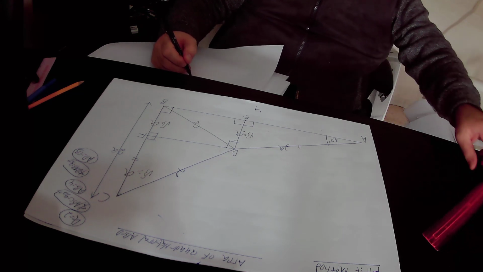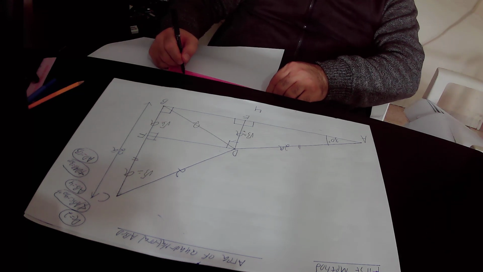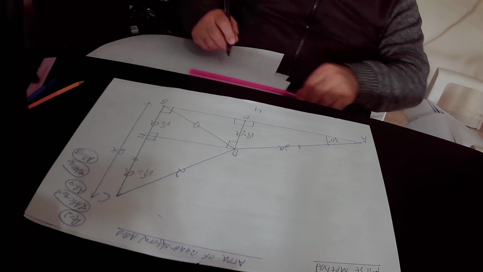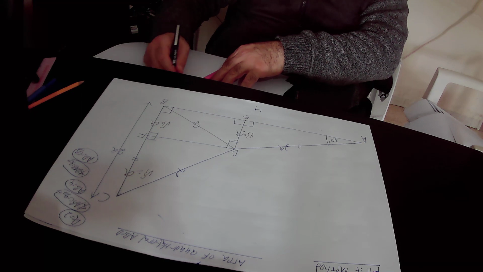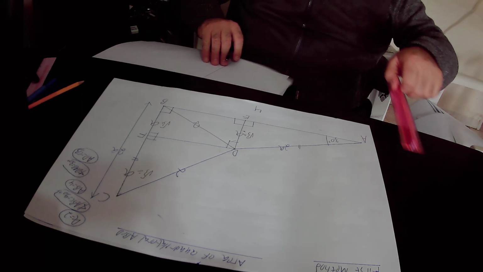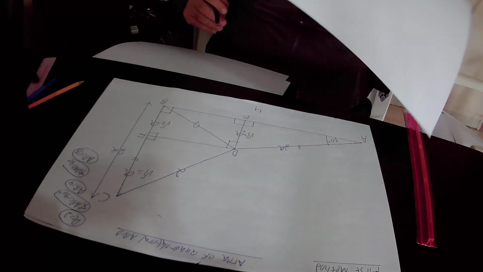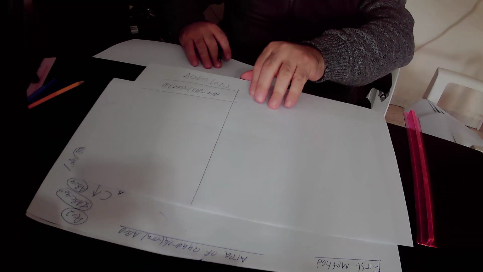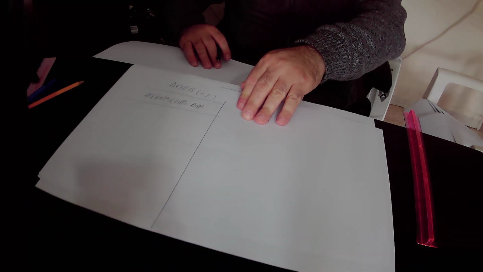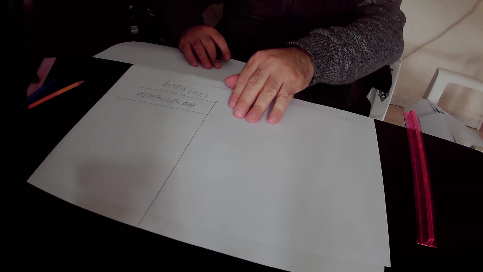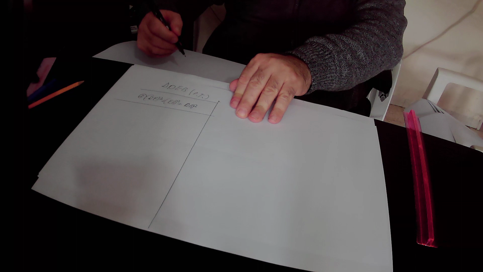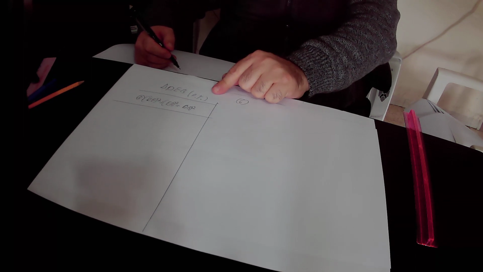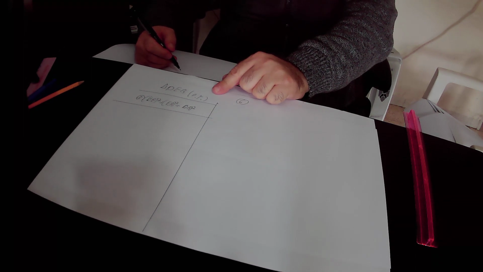I'll repeat again. If we focus on the right triangle, triangle DEB, according to the Pythagoras theorem, PT is the abbreviation for Pythagoras theorem.